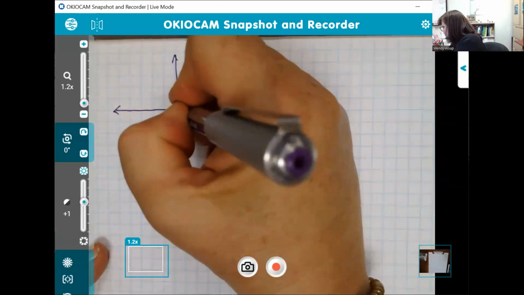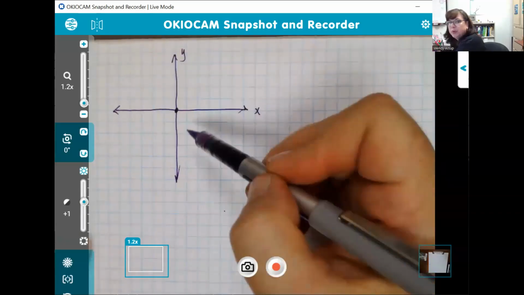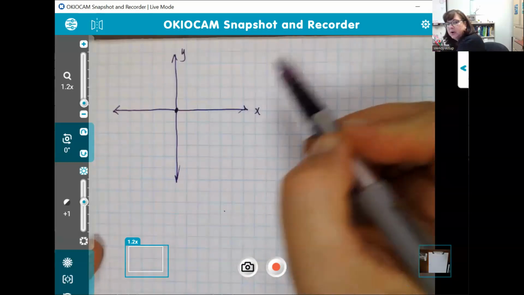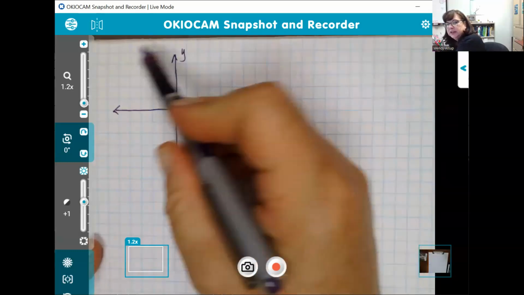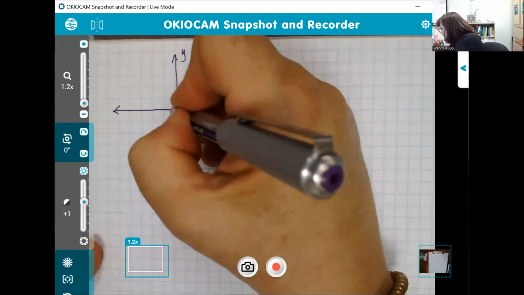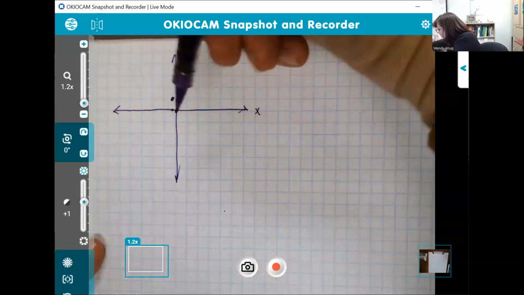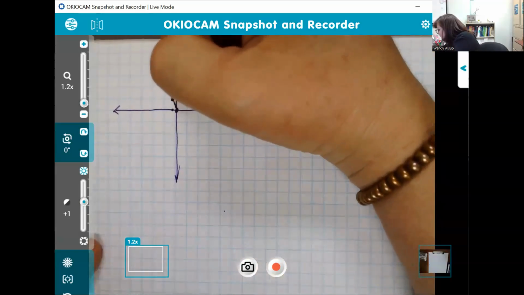Vertex at 0, 0. Axis of symmetry is the x-axis. So we're either going right or going left. And we know this one point on it, which is when x is -1/4, y is 1. So it looks like we are going in this negative direction.